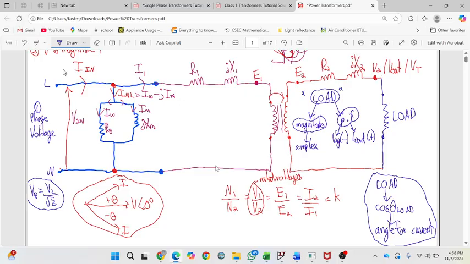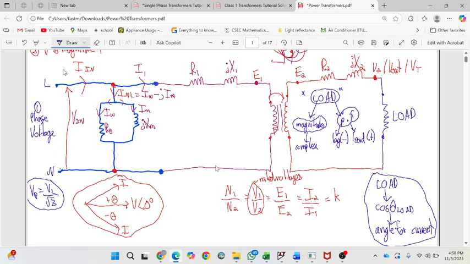Because it's a single-phase transformer. I don't know if you all remember from the lab when you did induction, you saw the variac with three stacks in it. Each phase needs a transformer. So if you have a three-phase transformer, it's basically just three similar single-phase transformers.